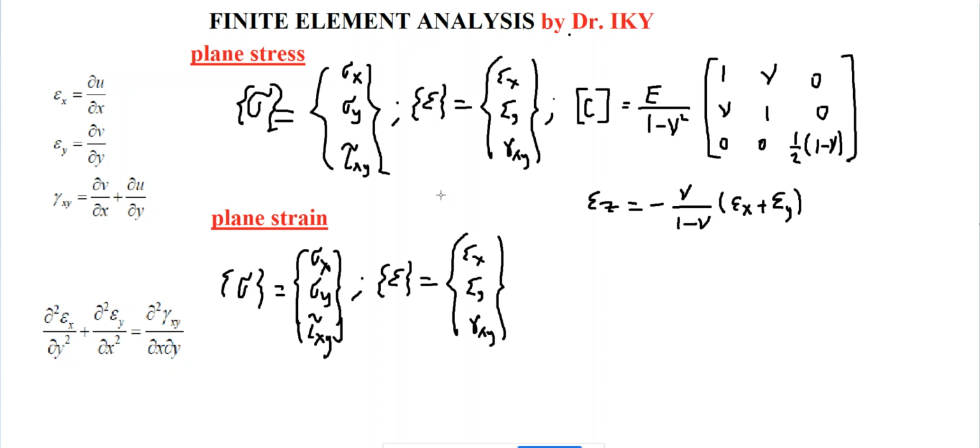In-plane strains, which are epsilon x and epsilon y, and the shear strain gamma xy, we have those strains, but we have no other ones like epsilon z, gamma yz, gamma xz.